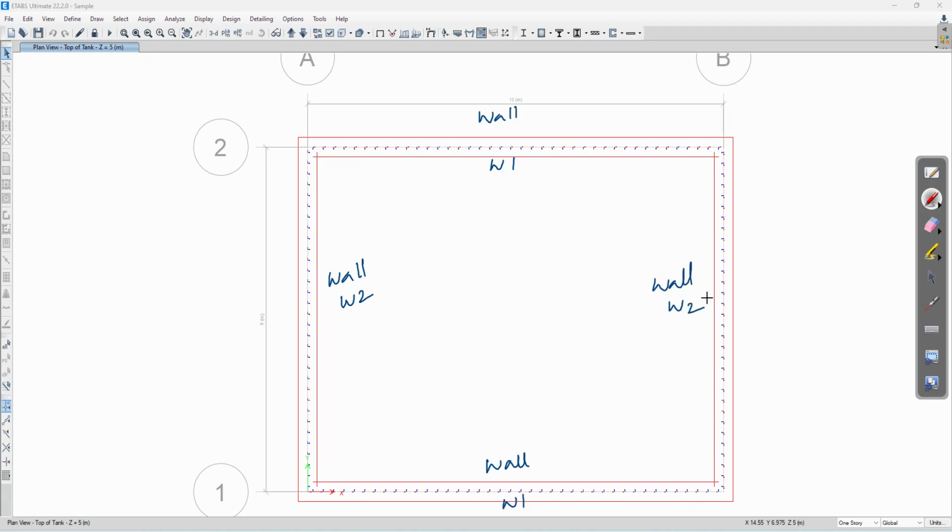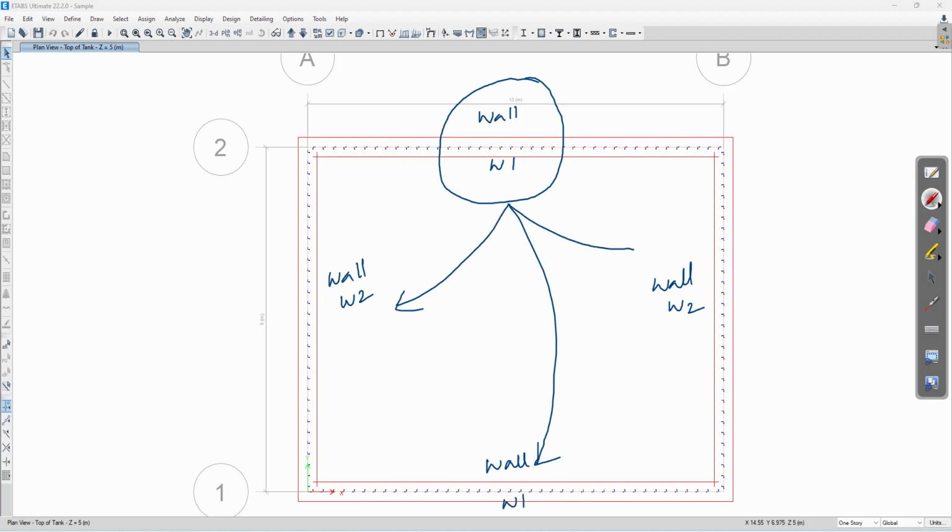If I explain flexure design for this wall, the same will be applicable for this long wall and these two short walls. I am explaining the calculation or procedure for only a single wall. The same has to be repeated for all the walls. If you complete this long wall, the same will be taken for this wall. If you complete this short wall, the same result will be taken for this wall.